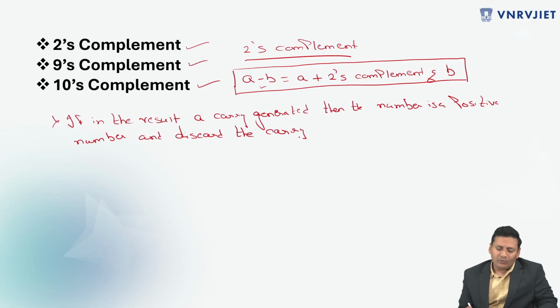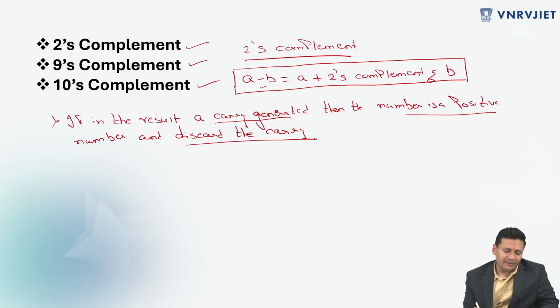Clear? So after performing the operation, that is A plus 2's complement of B, if in the result a carry is generated, then the number is called a positive number, and what we have to do with the carry, you have to discard the carry.